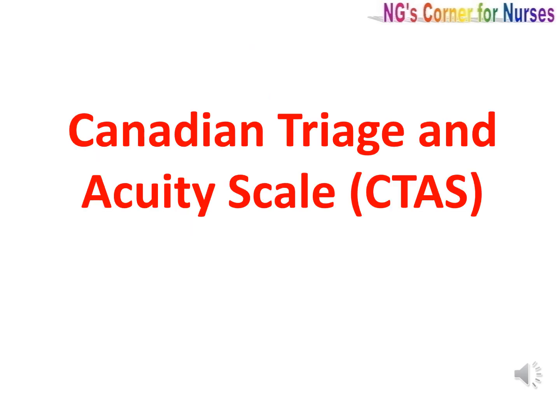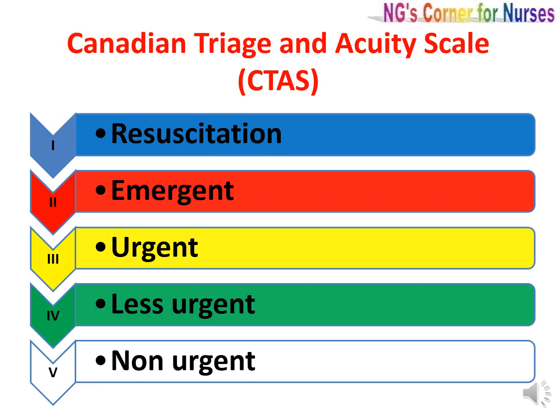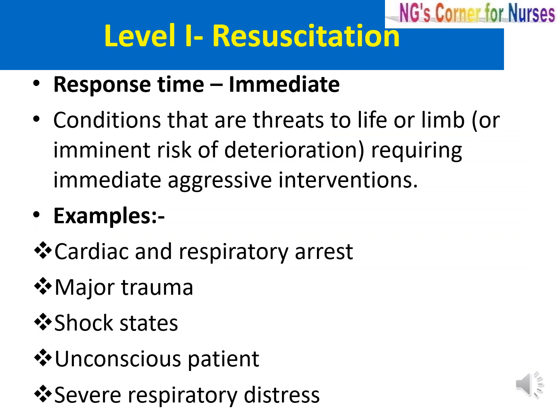Canadian Triage and Acuity Scale. In the Canadian Triage and Acuity Scale, there are 5 levels. First is resuscitation, then emergent, then urgent, then less urgent, and the last one is non-urgent. Level 1, resuscitation.